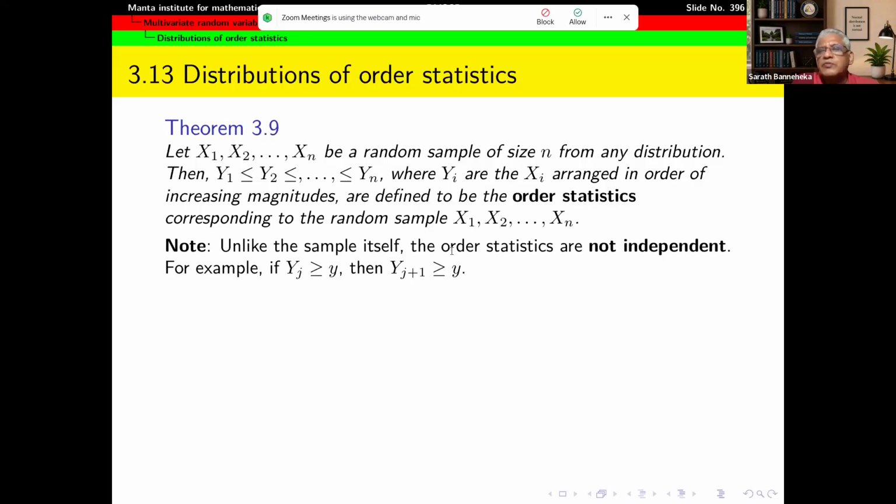And you can do the same thing, for example, for the second. Instead of observing the first or the minimum value, you can observe the second minimum value. From each sample, you will have one second minimum value. So if you do it again and again, you will have a large number of possible values for the second minimum value.